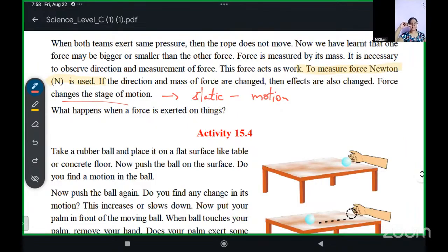Right. If you are pushing from the right side, which side will the thing move to? Left side. So that is the effect.